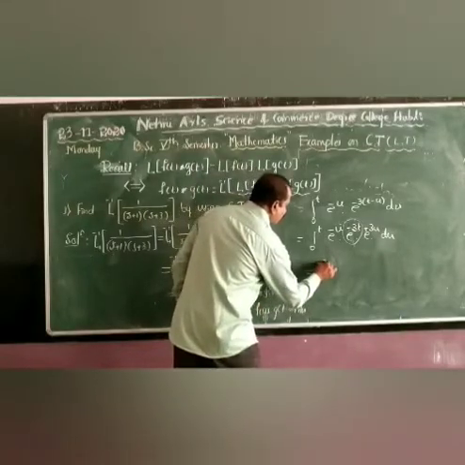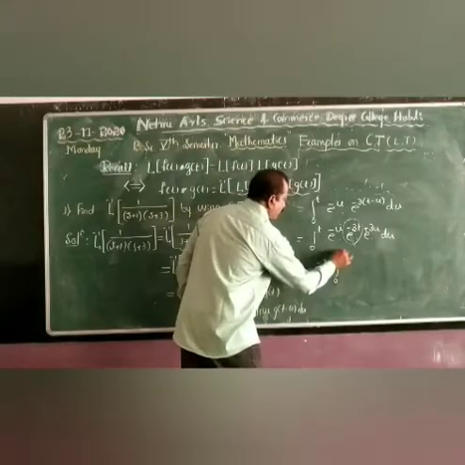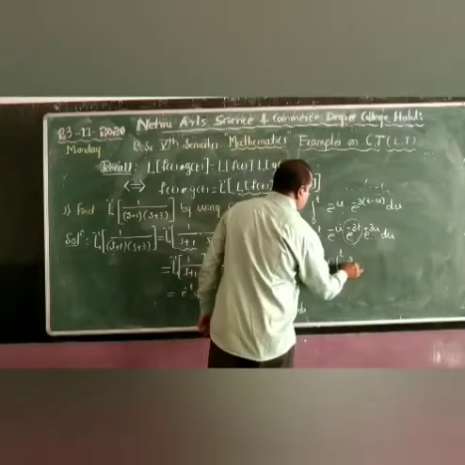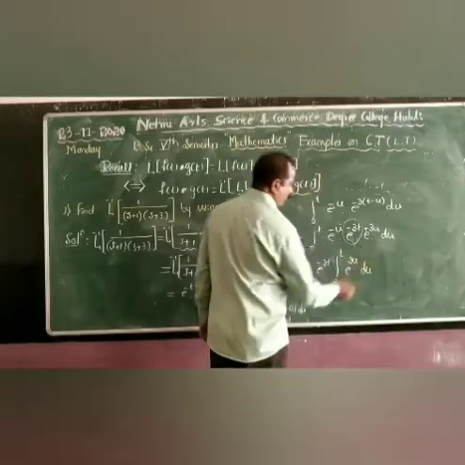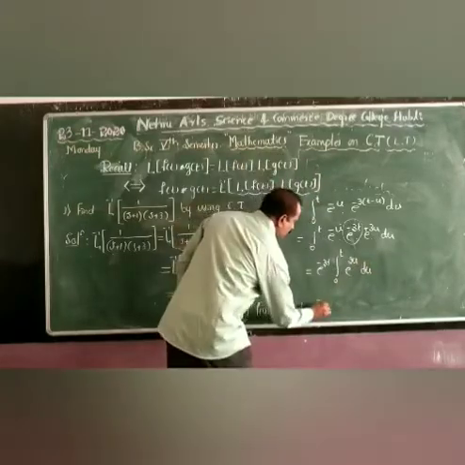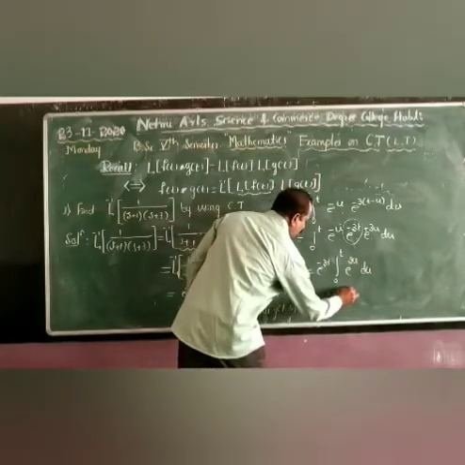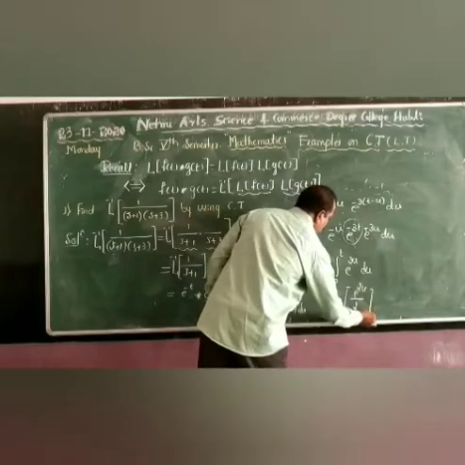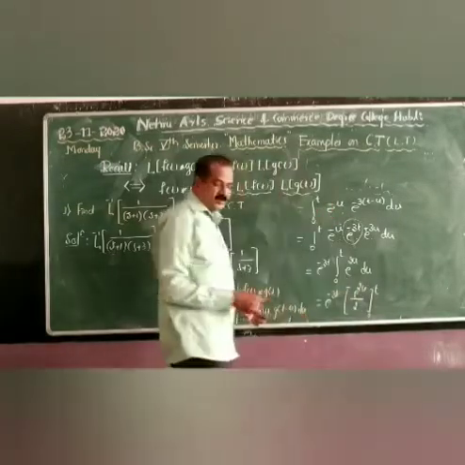Put e raised to minus 3t outside the integral sign, remaining integration from 0 to t, e raised to minus u and e raised to 3u simplified as e raised to 2u du. Now the integration of e raised to 2u is e raised to 2u by 2 with limits 0 and t.